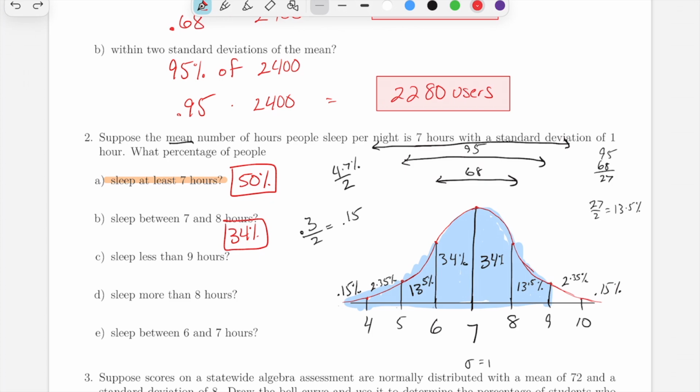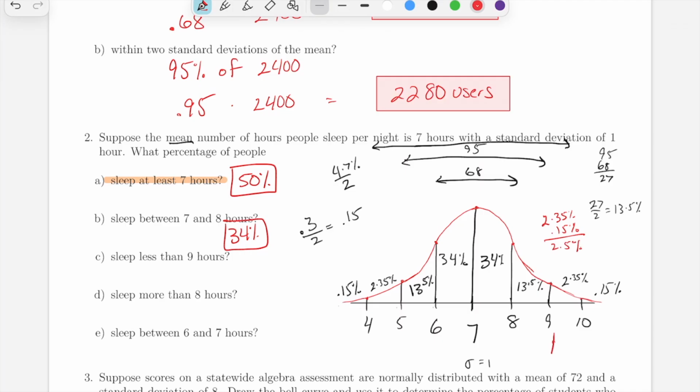Do you see how we have everything colored in blue except for this over here? What if we just added those two together and said that's what we don't want? Well, that's exactly what we're going to do. If you add 2.35% plus 0.15%, that's going to get us 2.5%.